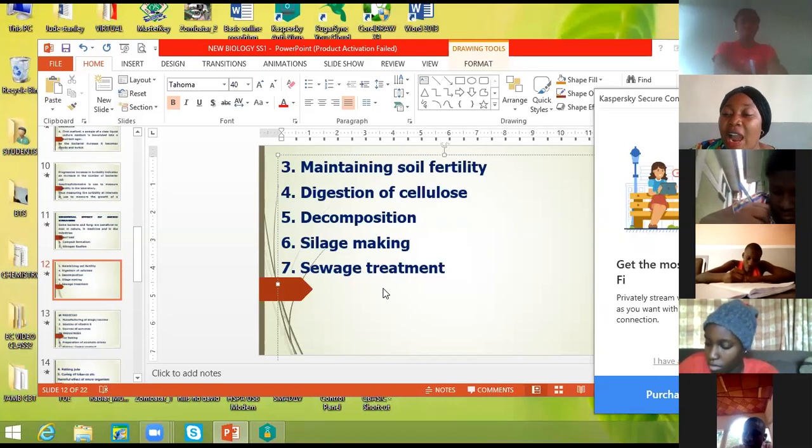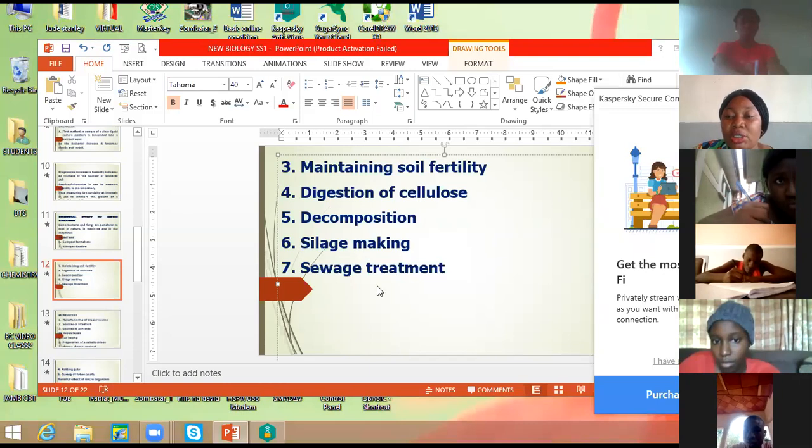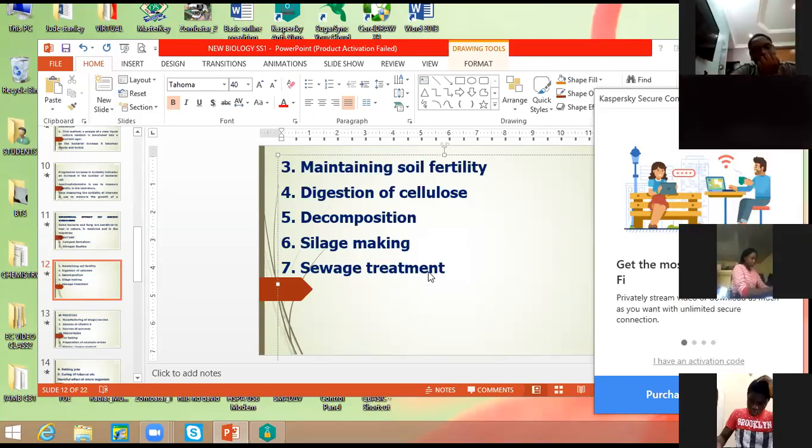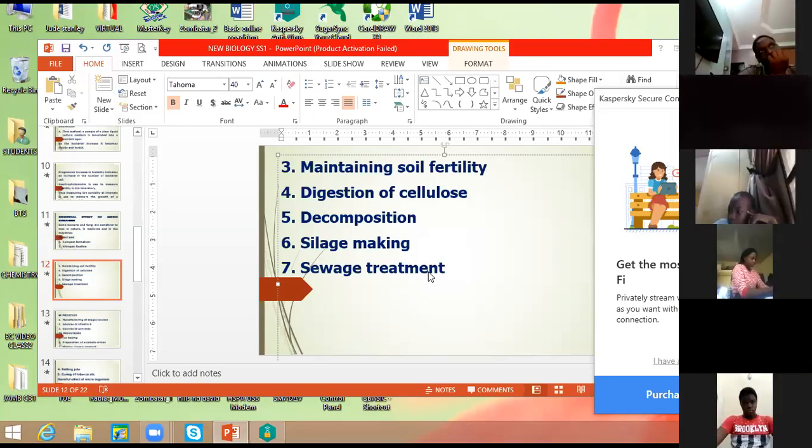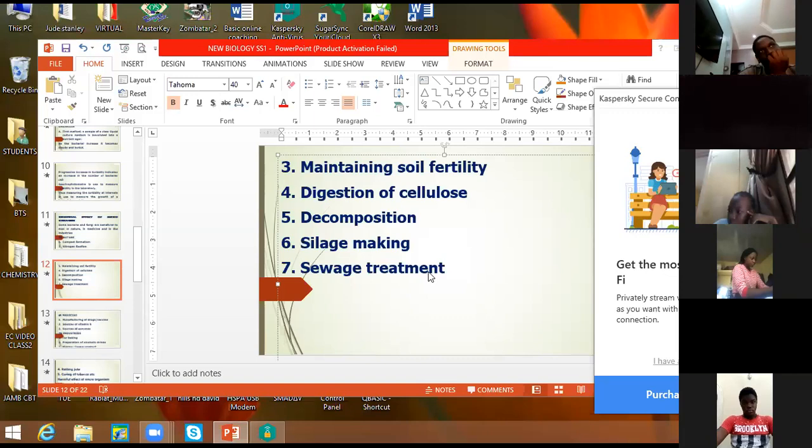Most bacteria are used to treat our sewage, break it down and treat it, especially in the soakaway. So that's that for the beneficial effects of microorganisms in nature.